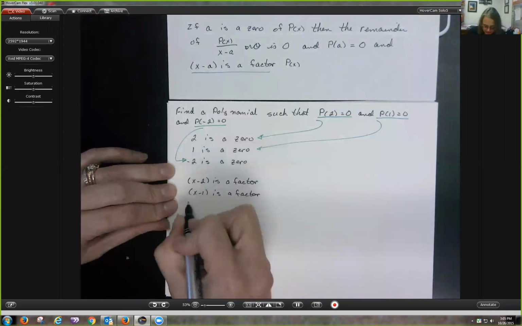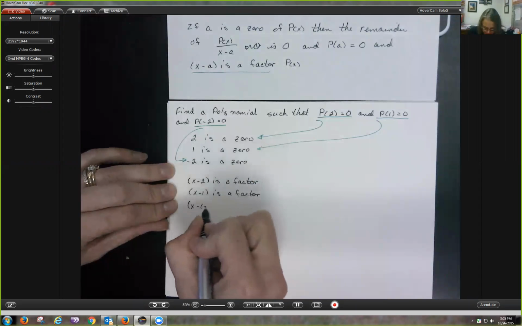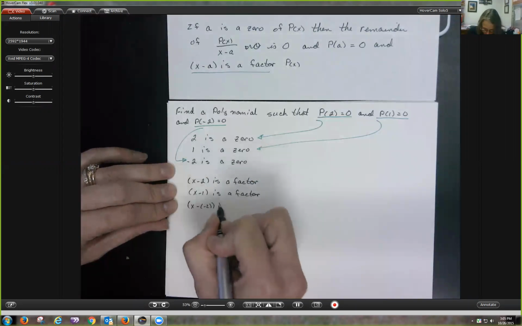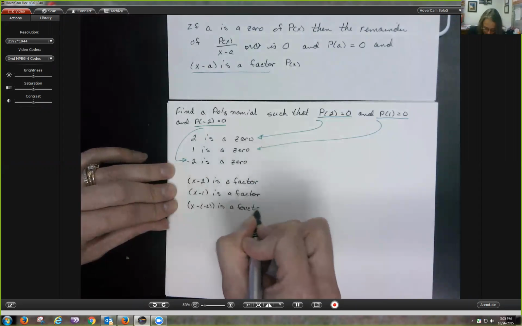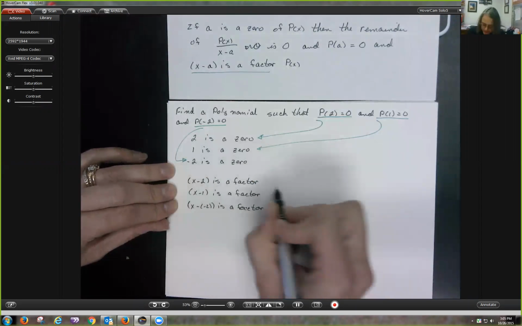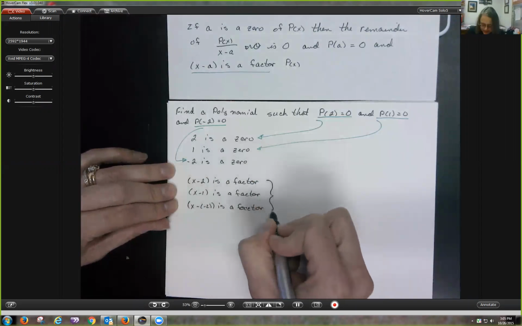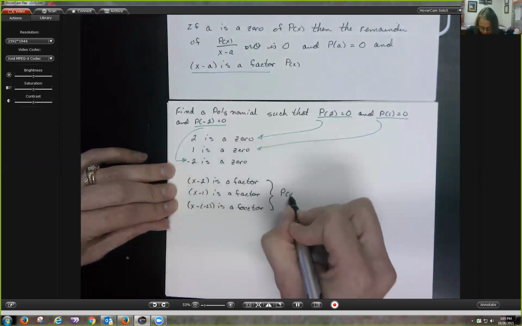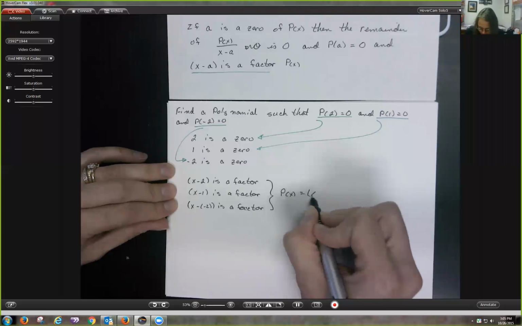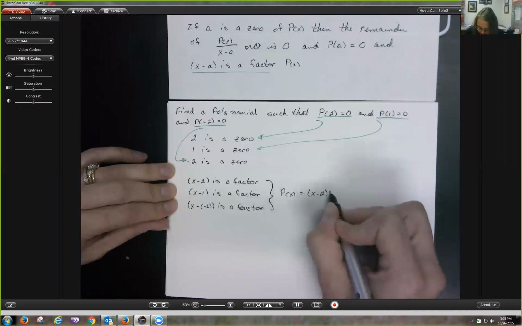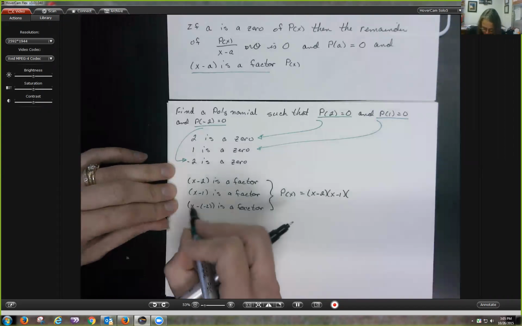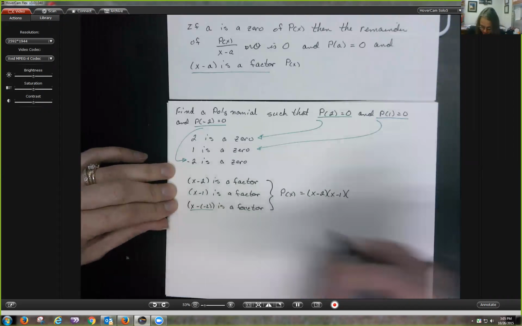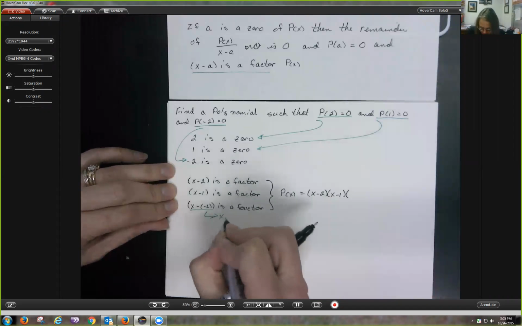And if negative 2 is a 0, that means that x minus a negative 2 is a factor of our polynomial. We can take these three facts together and build our polynomial by multiplying our factors together. Now I'm going to write this one as x plus 2.